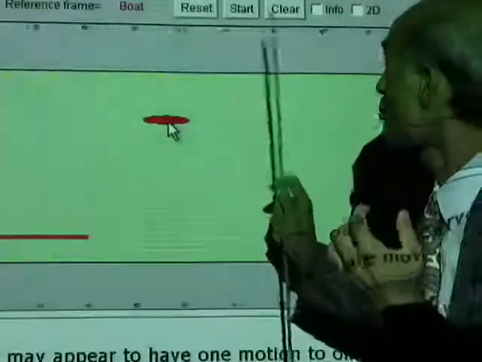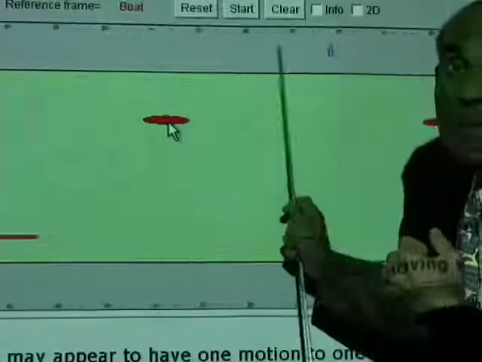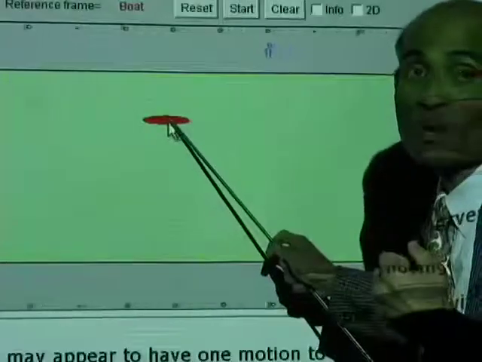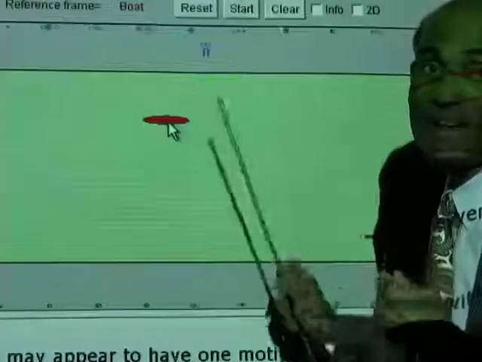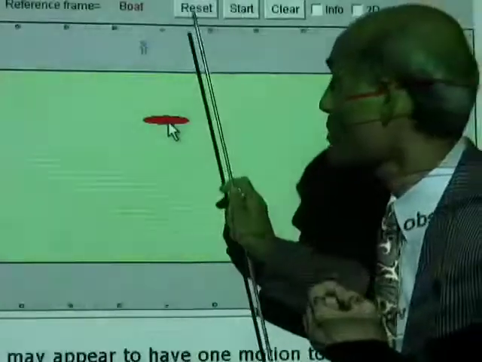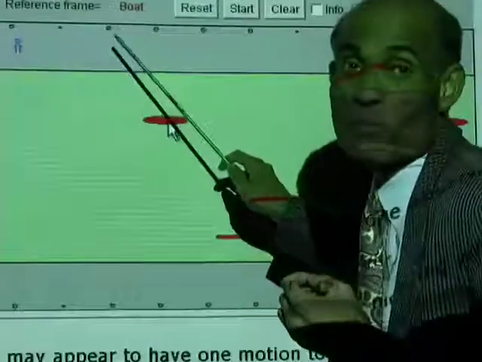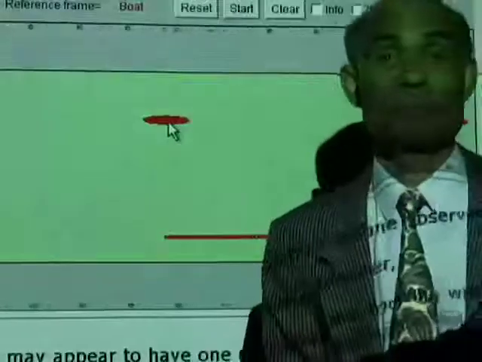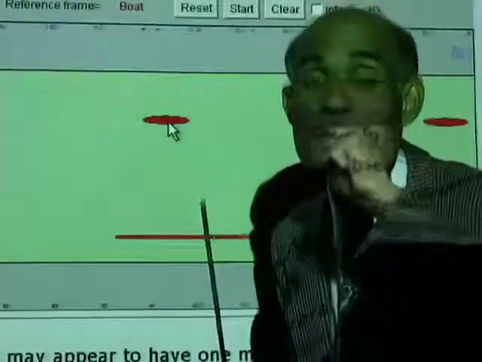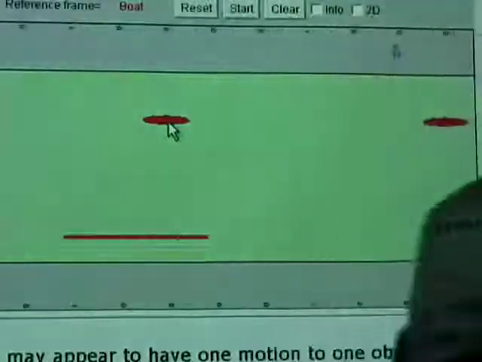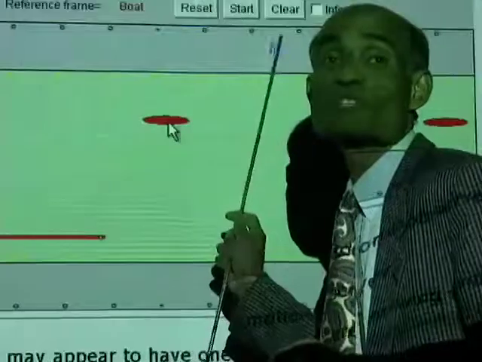We are finding the relative velocity of the man with respect to the boat. Now, if I want to find the relative velocity of the boat with respect to the man, what do I do? I go and bring the man to a stop.